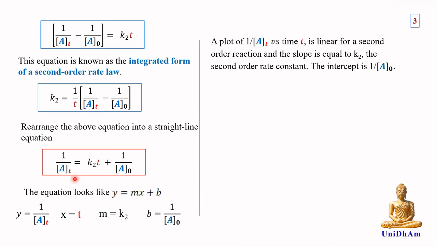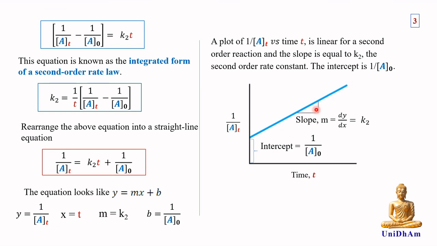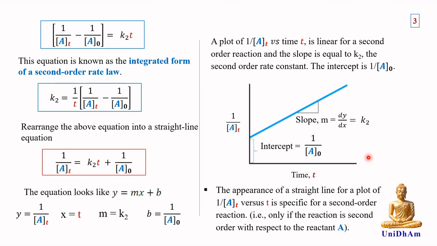A plot of 1 by At versus time t is linear for second order reaction, and the slope m is equal to dy by dx, which is equal to K2, the second order rate constant. The intercept b is equal to 1 by A0.